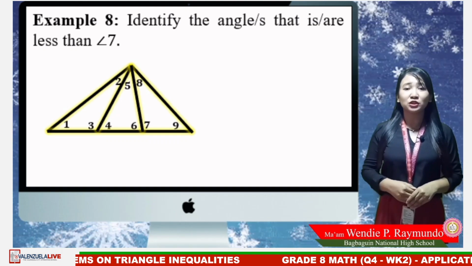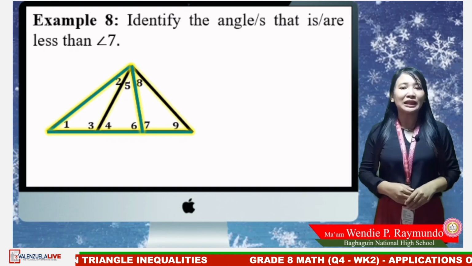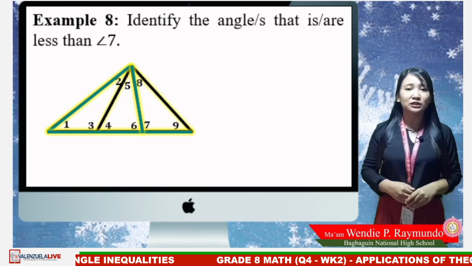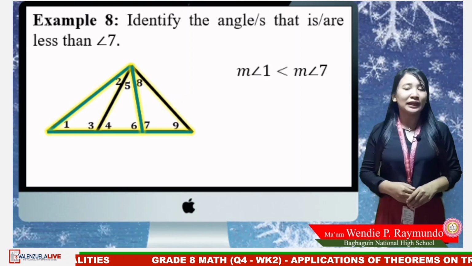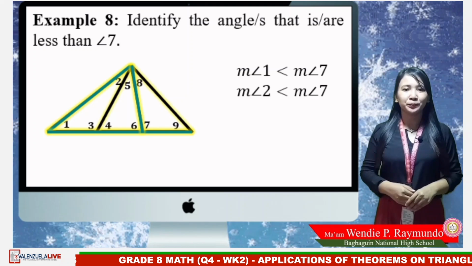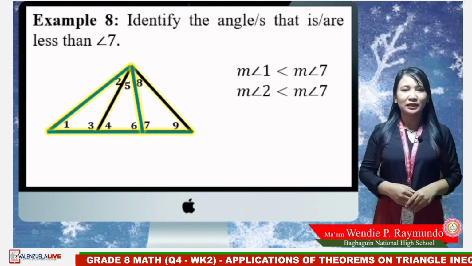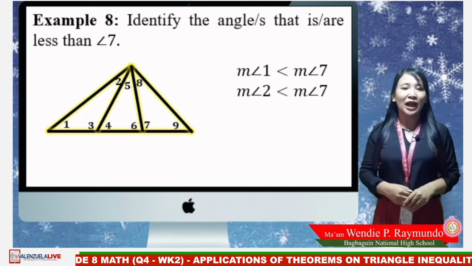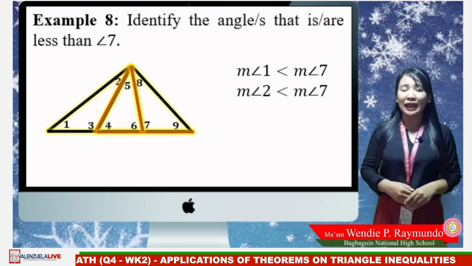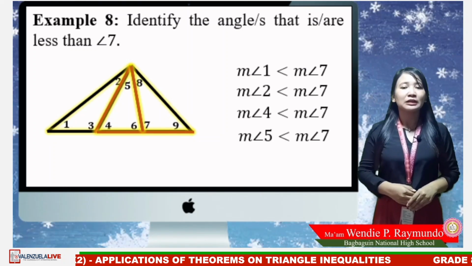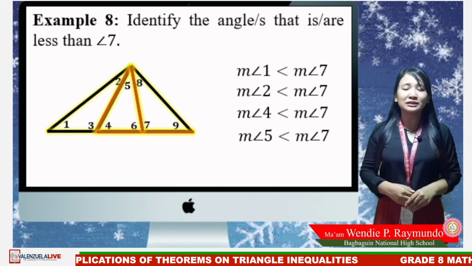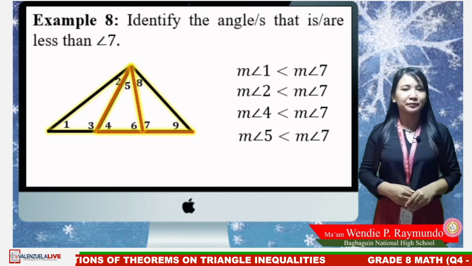By using this triangle, we can easily identify the remote angles of angle 7. They are angle 1 and angle 2. And the other remote interior angles are angle 4 and angle 5. Applying the theorem, measure of angle 1 is less than measure of angle 7.